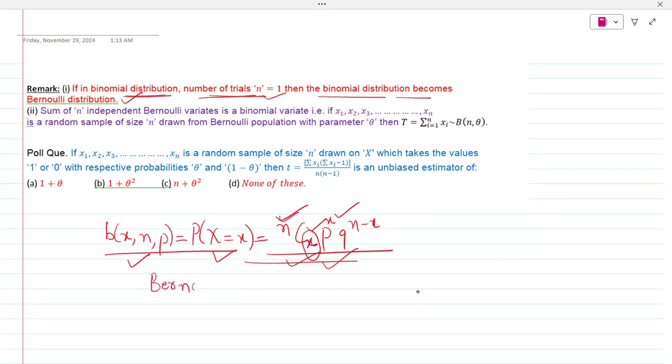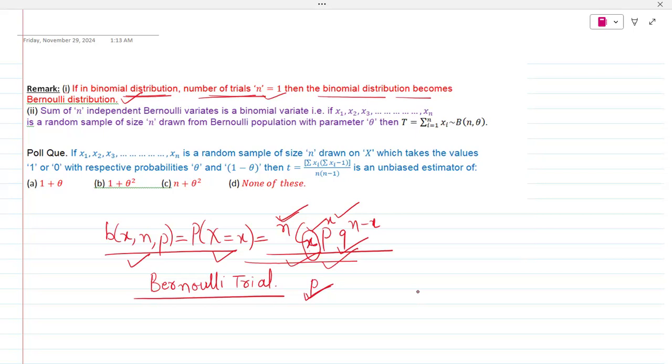So first of all, what is a Bernoulli trial? Actually, a Bernoulli trial results in exactly two outcomes. One of them we will term as success, and the other we will term as failure. And what is the p here? It is the probability of success. And what is q? It is the probability of failure.